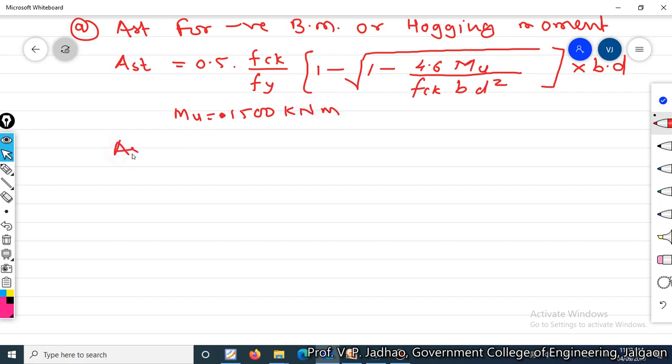Therefore this value AST is longitudinal steel at the top. So this will be 0.5 into FCK, where FCK is equal to 25 and Fy is 415. FCK is the characteristic strength of concrete and Fy is the characteristic strength of steel.